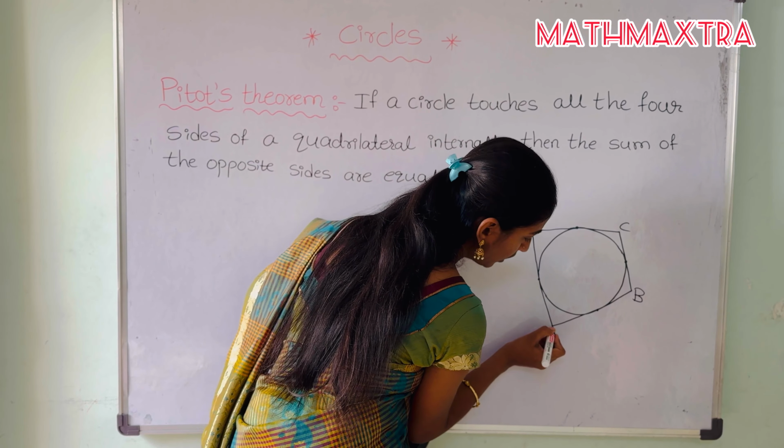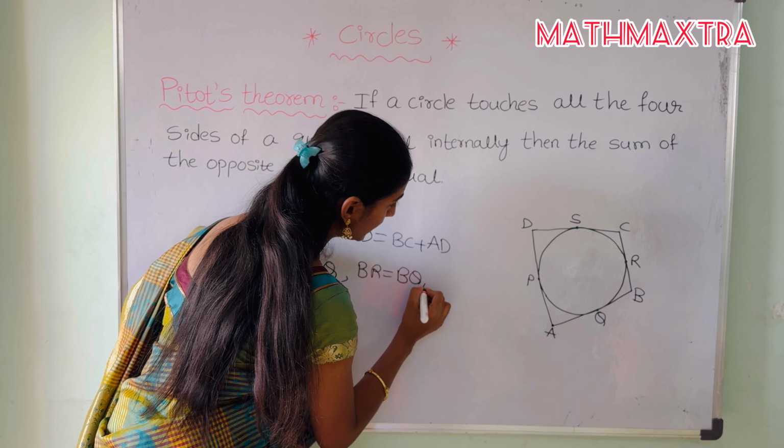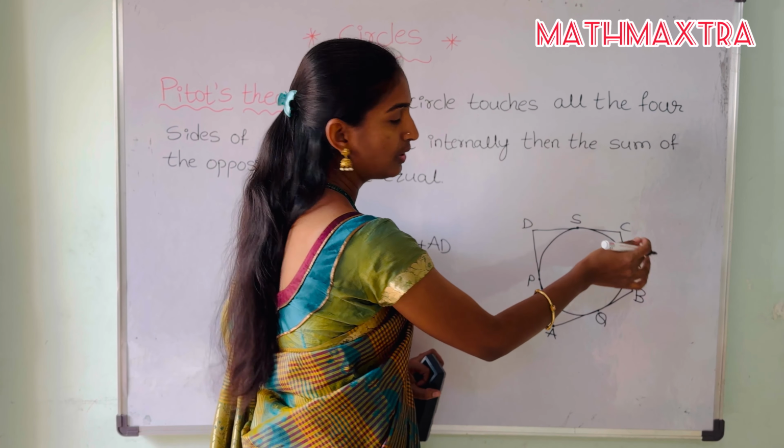Similarly, you can write for vertex C and vertex D. CR is equal to CS, and similarly DS is equal to DP.